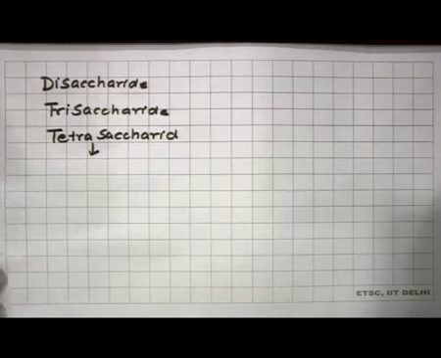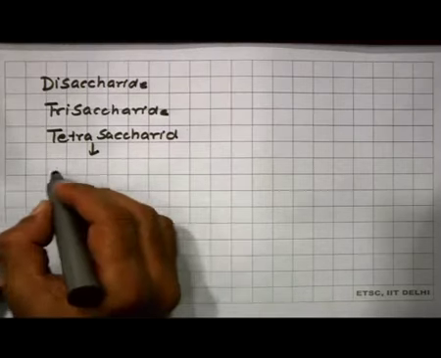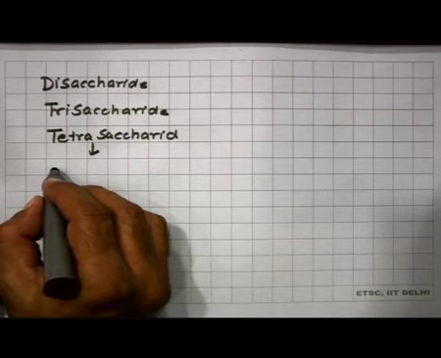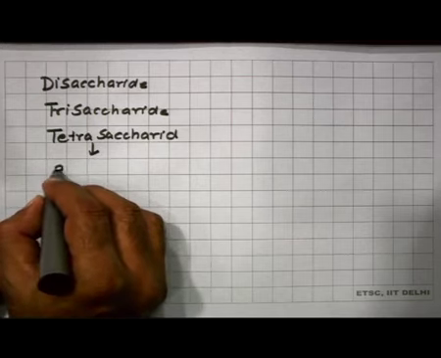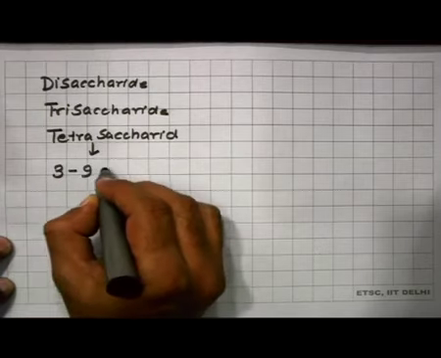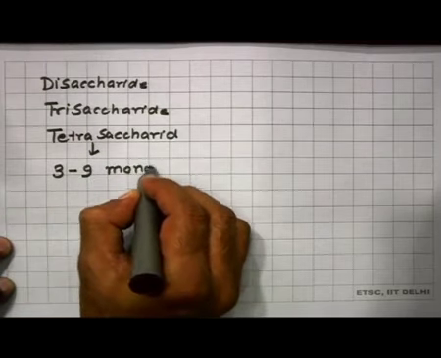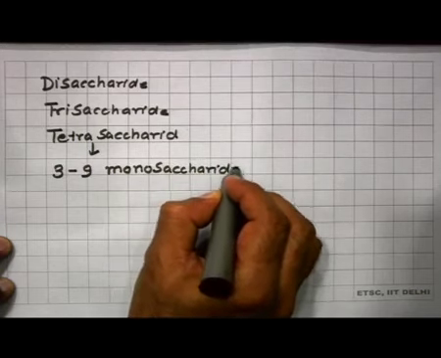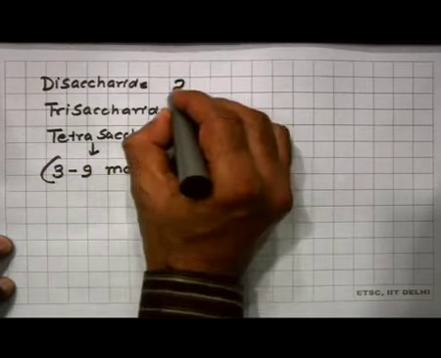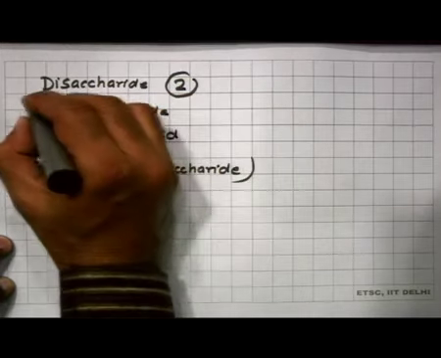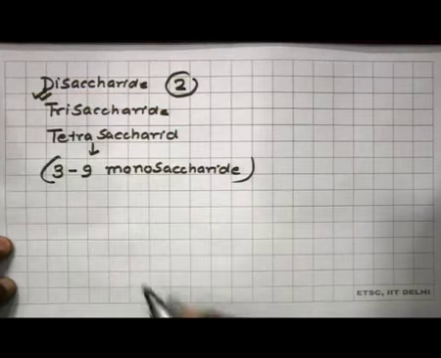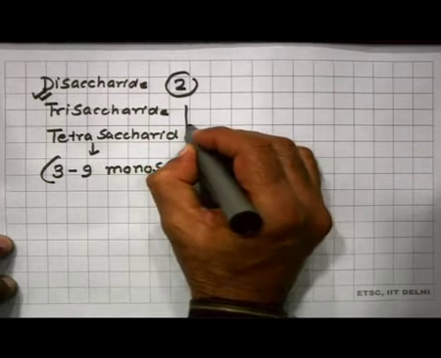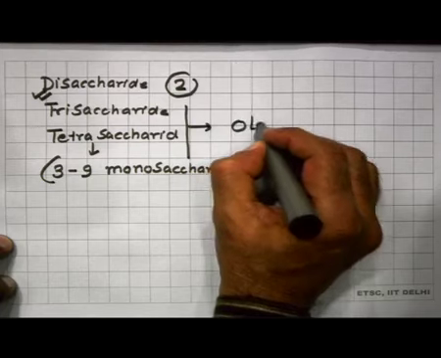We can define the oligosaccharide: when it is split, it gives 3 to 9 monosaccharide units. The 2-unit one is simply called disaccharide, and trisaccharide, tetrasaccharide, pentasaccharide are combinedly called oligosaccharide.